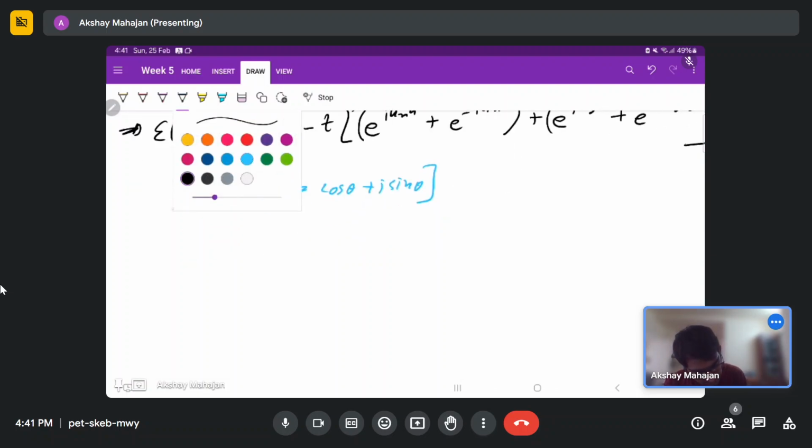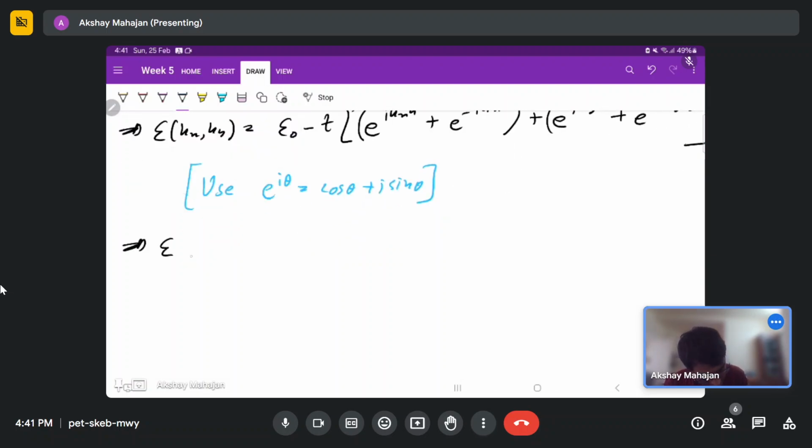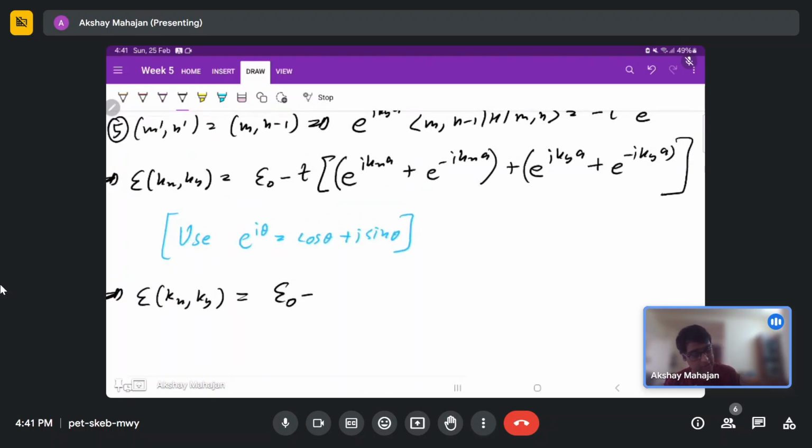So what you will get is E(kx, ky) equals epsilon naught minus, so this term will give me 2 cosine of kx of a, and this term will give me 2 times cosine of ky of a. So I can take 2 common out.